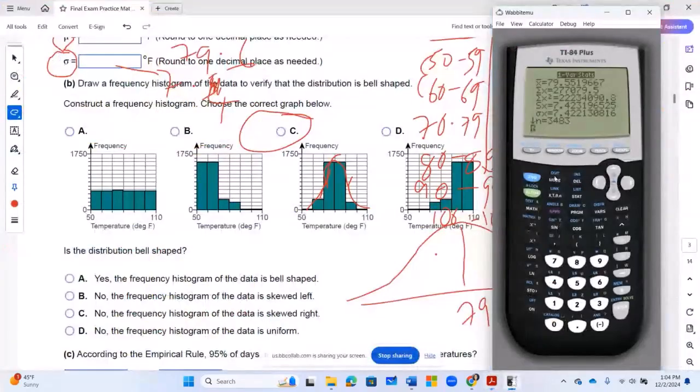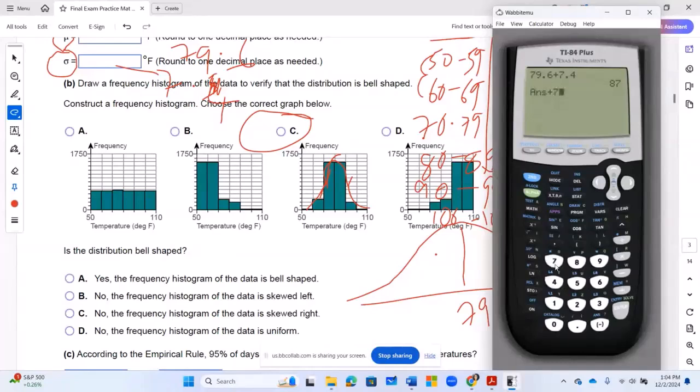I'm going to clear everything here. The mean is 79.6 plus one standard deviation, 7.4. But I need 2 standard deviations above the mean, so I'm going to add another 7.4.